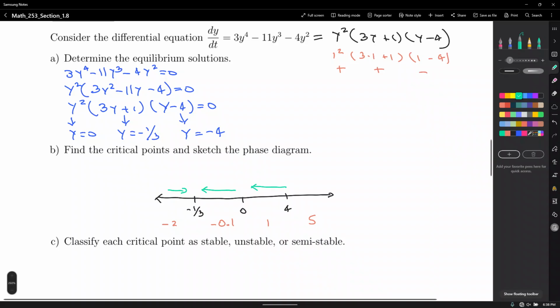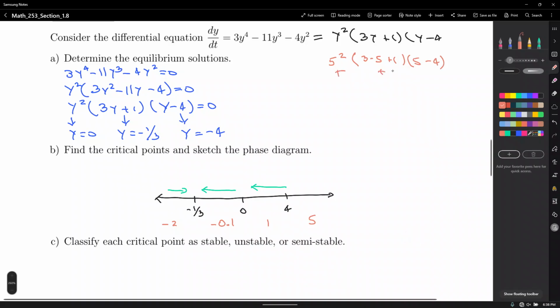For the next test value, what about 5? This is 5 squared times (3 times 5 plus 1) times (5 minus 4). What do we have?